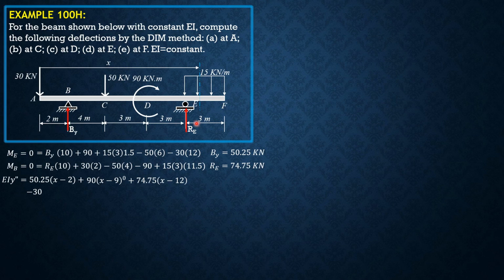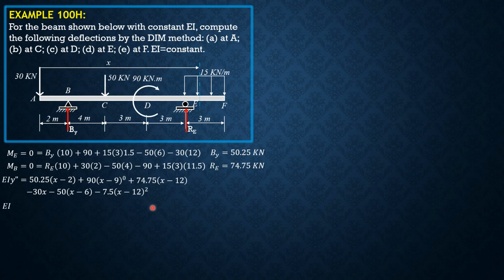Then minus 50 times X minus 6, then minus 30 times X minus 12... then minus 15 times X minus 12 times X minus 12 over 2. So that is 7.5 times X minus 12 quantity squared.